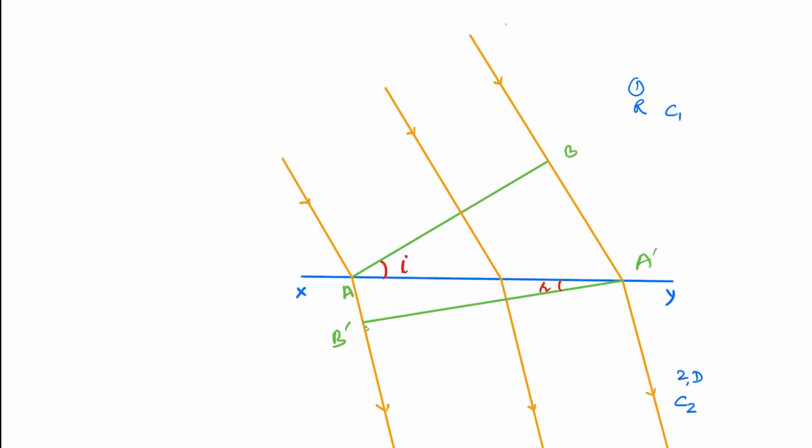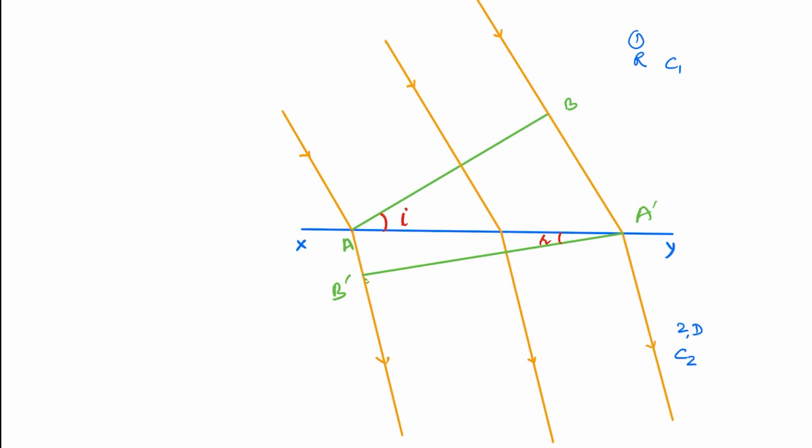According to Huygens principle, each point on the primary wavefront acts as a source of secondary wavelets in all directions. The secondary wavelet at point A travels in medium 2, so the distance traveled in time t, that is y, is equal to C2 into t, and this distance is AB dash.